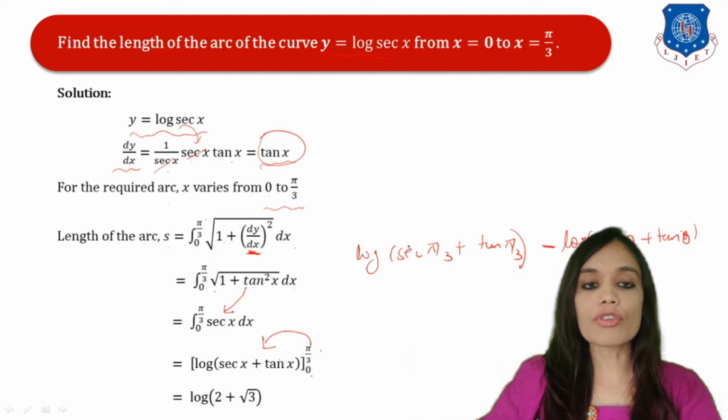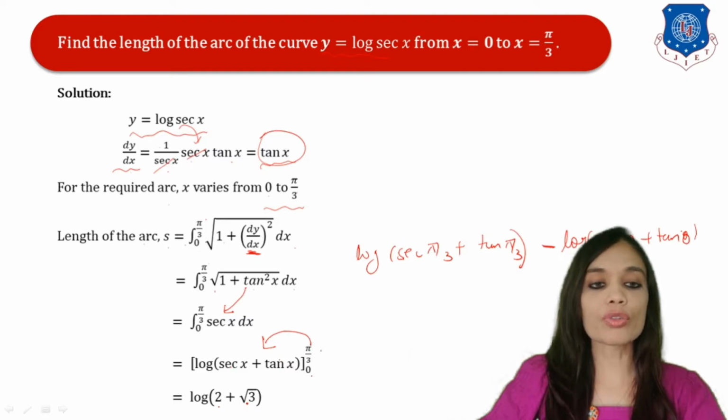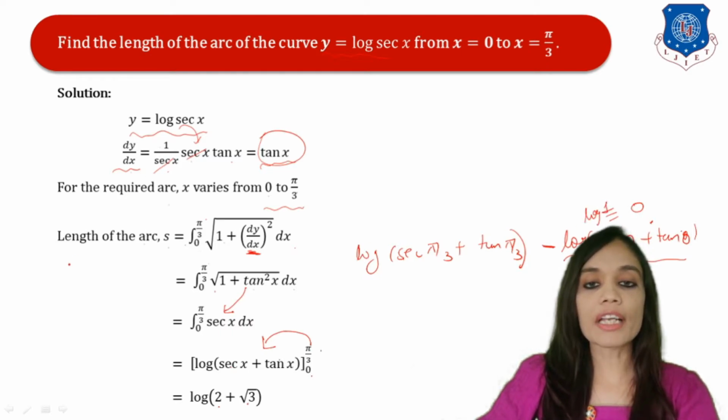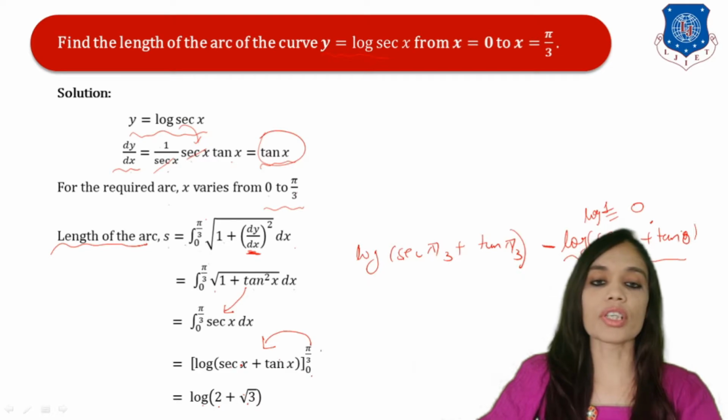Now we know the values of each term. So sec pi by 3 is what? 2 and tan pi by 3 is what? Root 3. And all this term will go to 0, right? Because log 1 is equal to what? 0. So the final answer of the length of arc is what? Log 2 plus root 3, right?